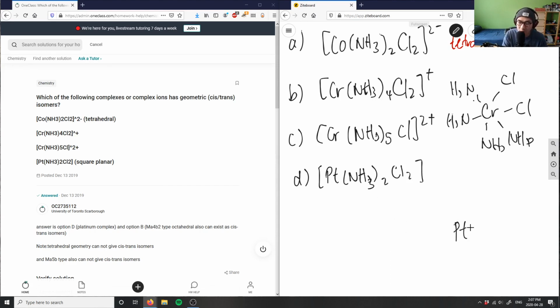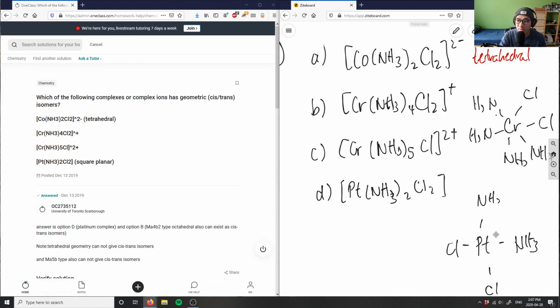I have platinum in the middle with the NH3 groups and the Cl groups, and you could have a cis or trans isomer depending on the geometry of this one. Depending on where it's bonded, chlorine could stick out or NH3 could stick in, and it could have a cis or trans isomer. So for option D, I can prove that it has an isomer because this is a square planar and not a tetrahedral.